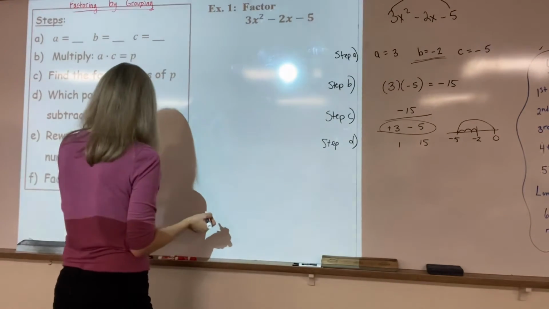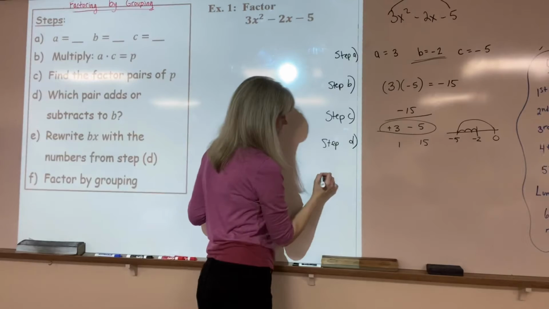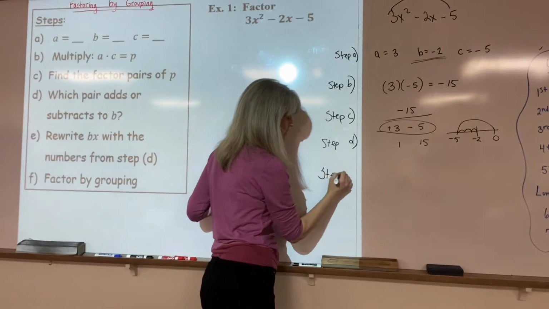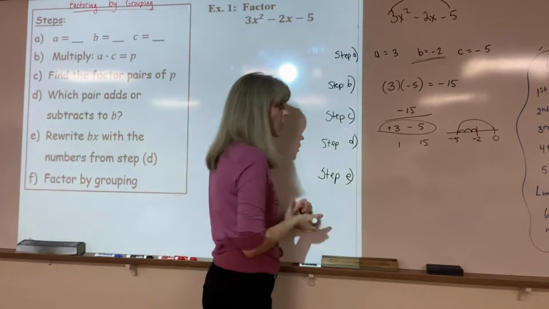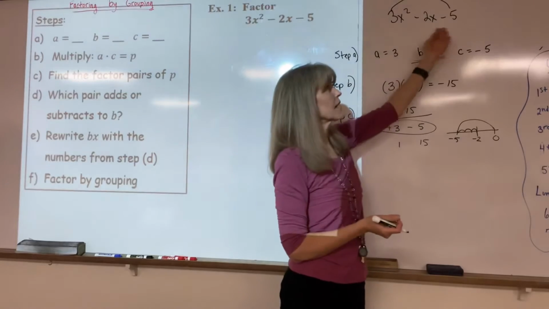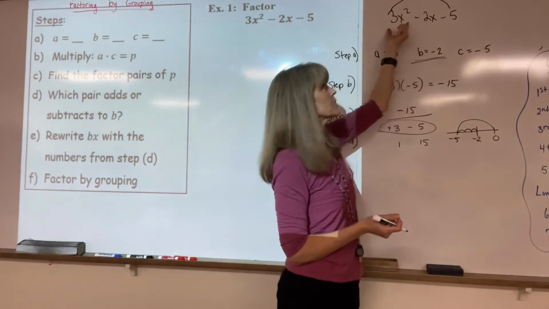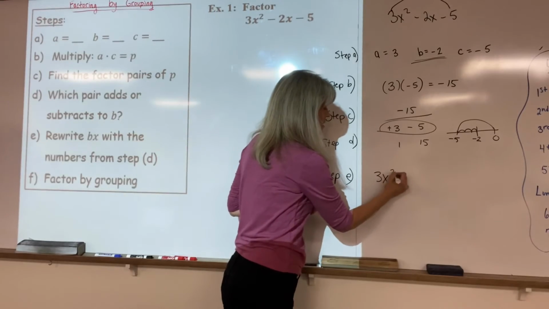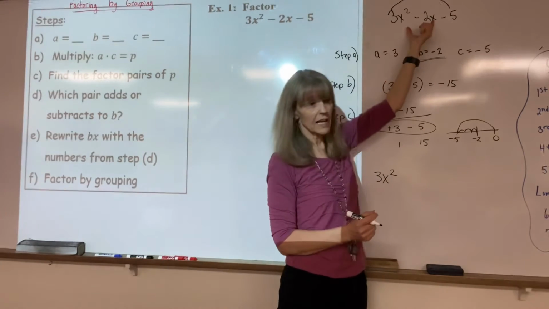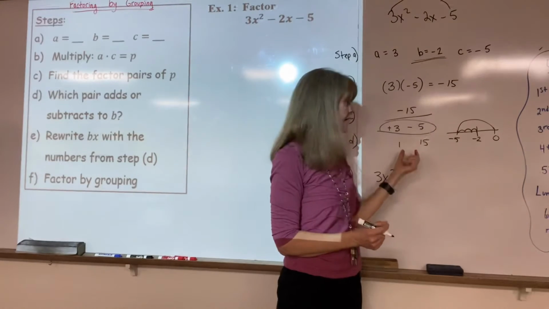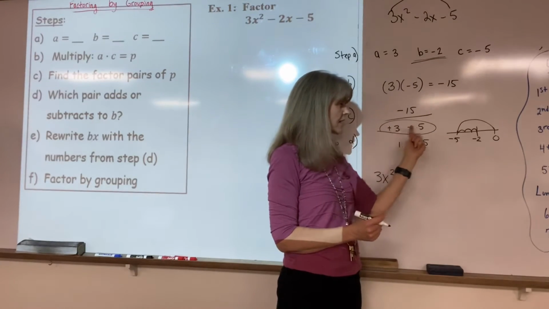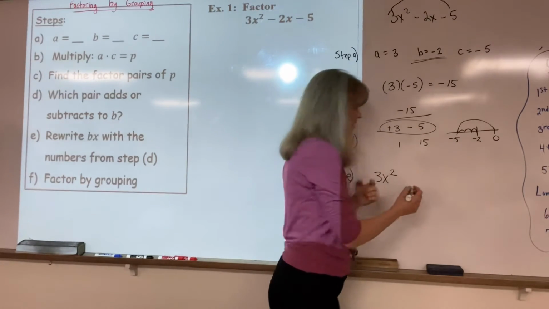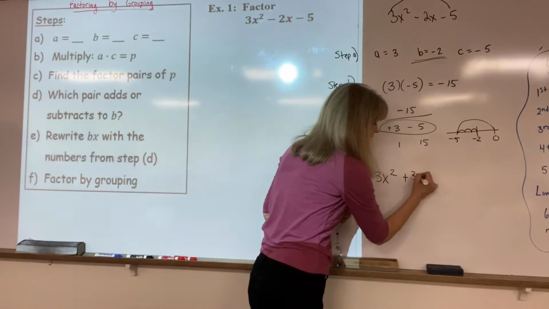Done with step D, step E. This was the one that some people find a little confusing, but it's not bad. So all I'm going to do now, I'm going to rewrite my original equation. I'm going to keep 3x squared just as it is. This middle term, -2x, I'm going to write it as plus 3x minus 5x.